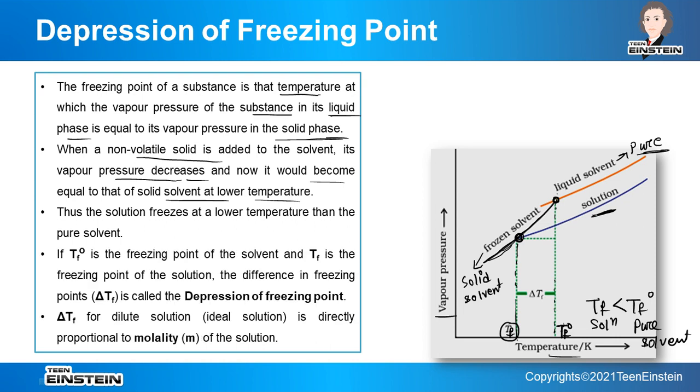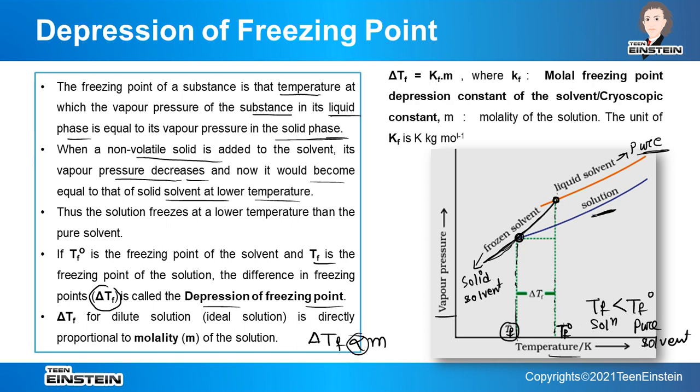Here Tf naught is the freezing point of the solvent and Tf is the freezing point of the solution. This is the difference, just like del Tb we have seen in case of elevation of boiling point. So del Tf will be the depression of freezing point. And for dilute solution, that is ideal solution, it is directly proportional to m. Just as del Tb is directly proportional to m, del Tf is also directly proportional to m. If we remove the proportionality sign, there will be a constant, which is now Kf.